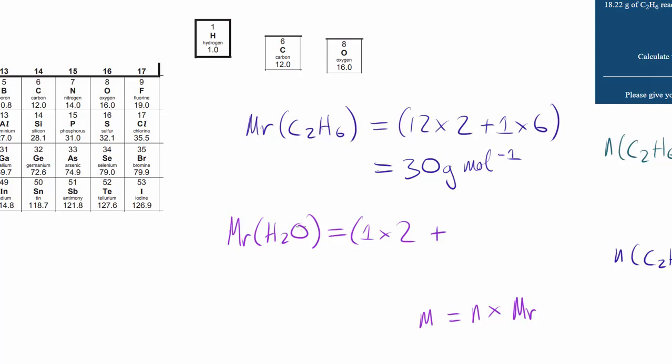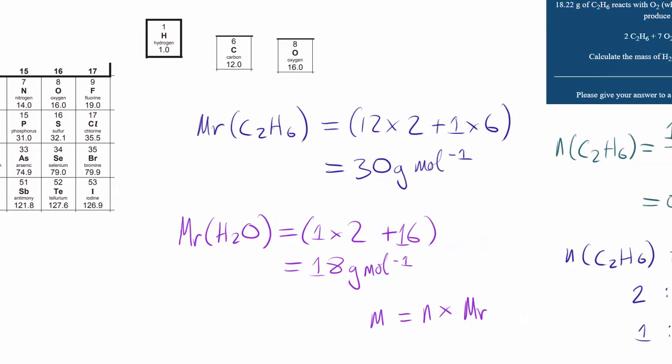I'm just going to write 16 on its own, because it's not going to do much if I put the times 1. And that gives us 18, so that's 18 grams per mole.